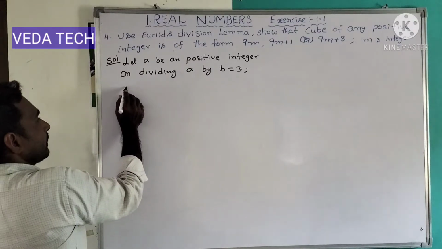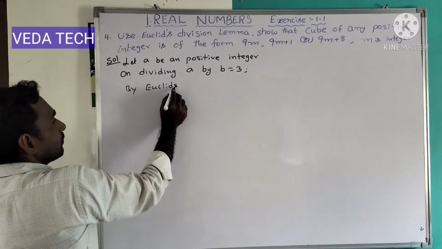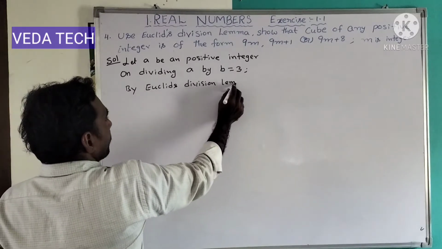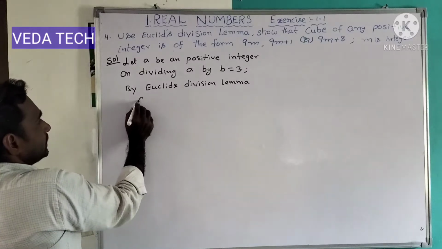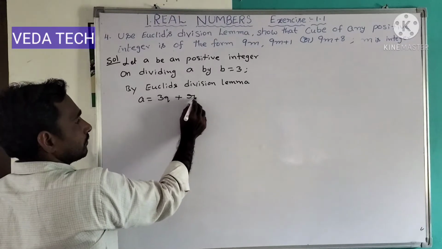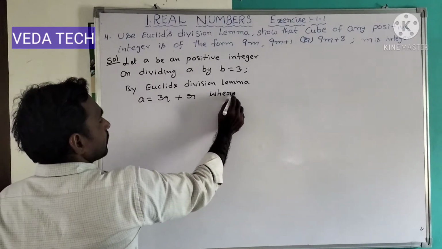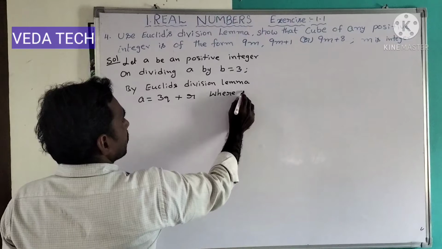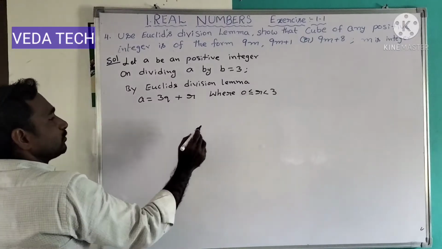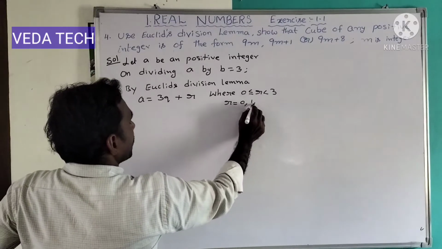Then by Euclid's division lemma, a is equal to 3q plus r, where r lies between 0 and 3. So possible values of r are 0, 1, 2.